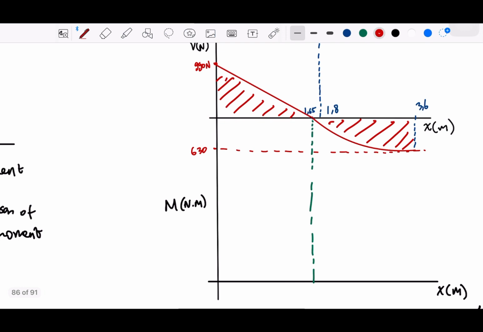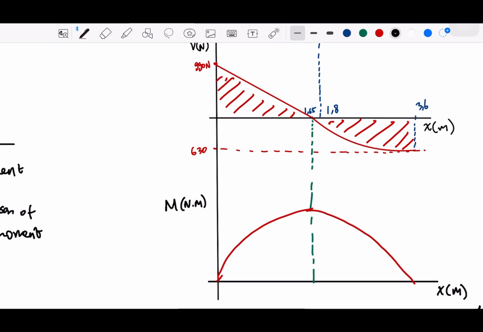So we get maybe going that way, and then this has a slope like that. I think it's still the same, maybe change this a little bit.